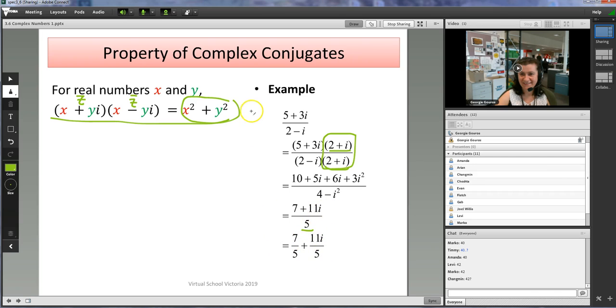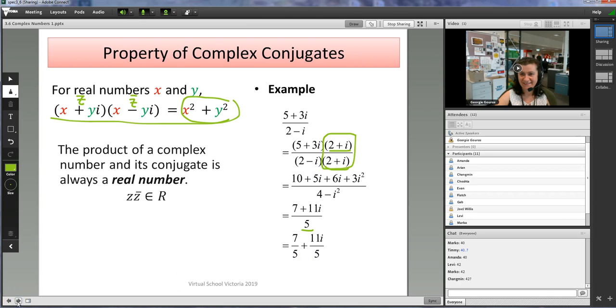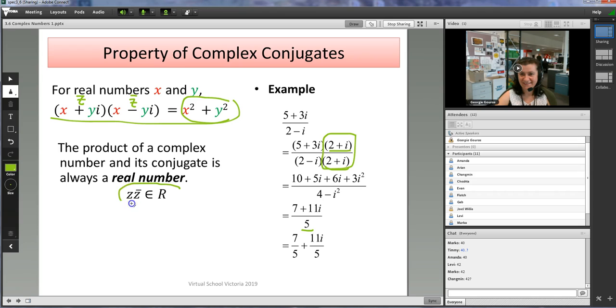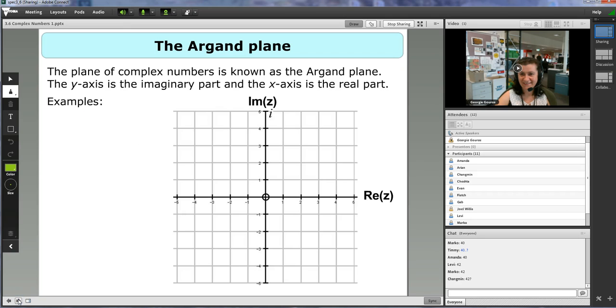So the result of that division is equal to 7/5 plus 11/5 i. And we might say something like this: the product of the complex number with its conjugate is a real number. Okay, so this is in mathematical notation describing what will happen and why we use it for the division here. Okay, we end up with a real.